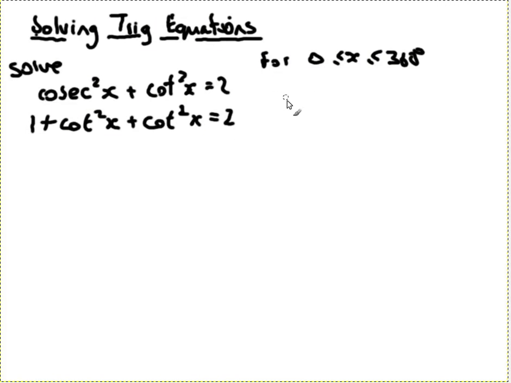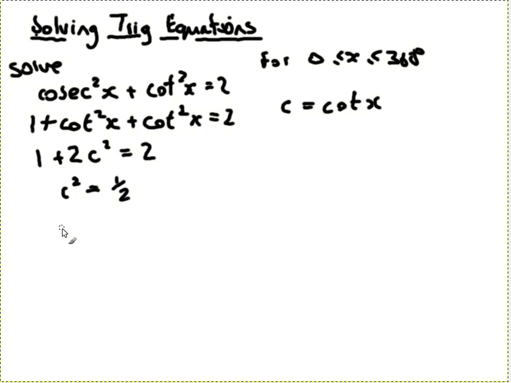Now once again I'm going to define c, but this time as cot x, just to make my algebra a little bit nicer. So I've got 1 plus 2c squared equals 2, and so as you can see I'm going to end up with c squared equals a half, and so c is plus or minus 1 over root 2.